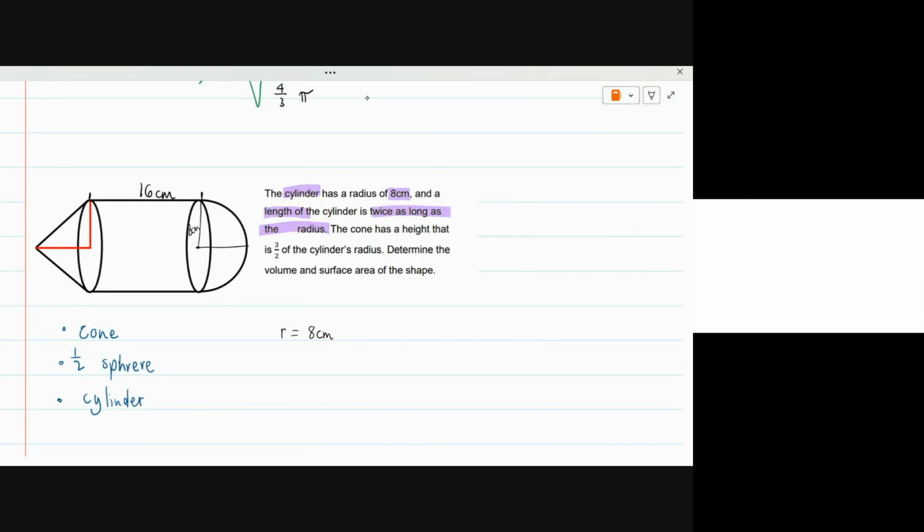The next part says, the cone has a height that is 3 halves of the cylinder's radius. So the height of the cone is going to equal 3 over 2 of. What does of in mathematics mean? Of means multiply. 3 halves of 8, which is how much?